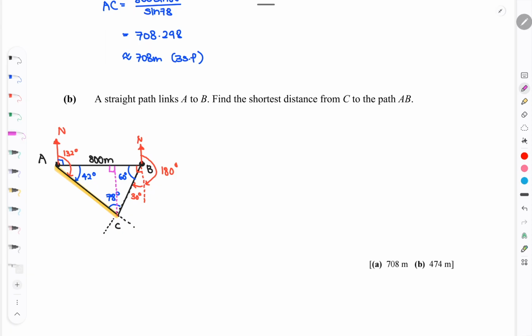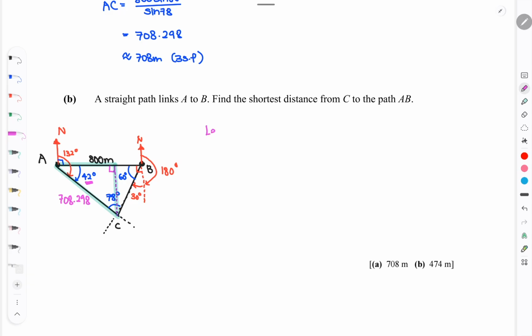Okay, with this, let's say I use the triangle that is green color. Why do I use the triangle with green color? Because I already have the sides from my previous part. So previous part, this is 708.298. So now I have the side, I have the angle of 42 degrees. Can just use my SOH CAH TOA.